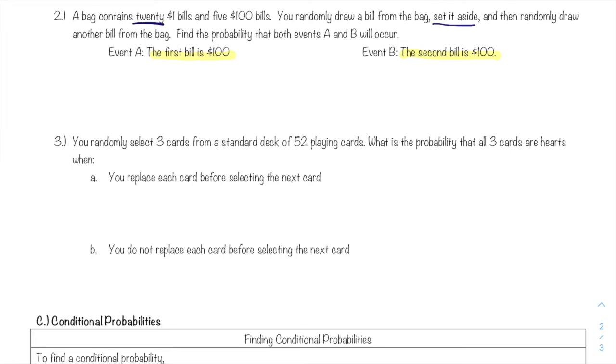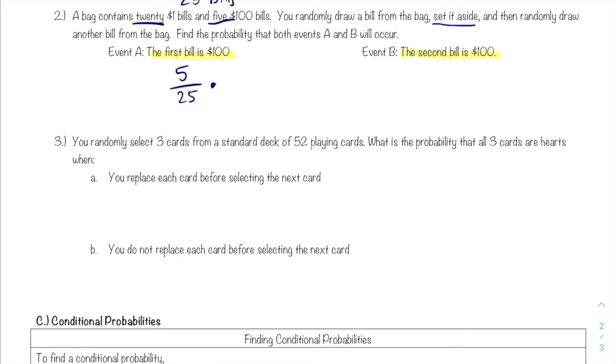We can see here that there are 20 $1 and 5 $100 bills, which means that we have a total of 25 bills in this bag. So the odds of pulling a $100 bill, since there are 5 $100 bills, is going to be 5 out of 25, because there are 5 $100 bills out of the total of 25 bills.